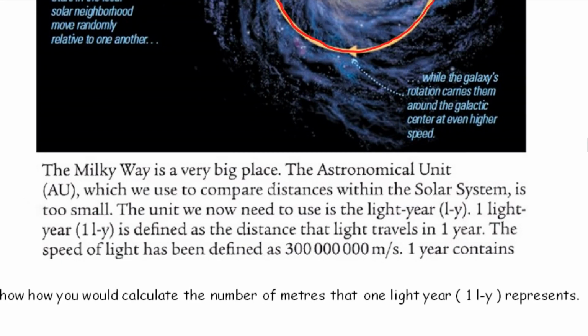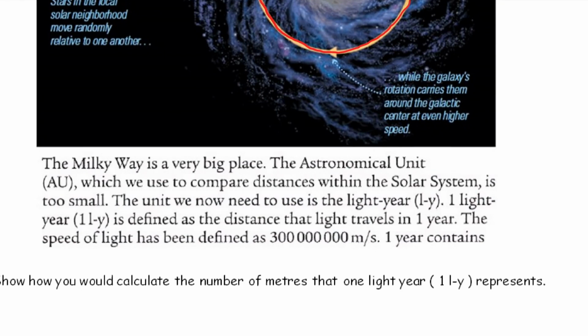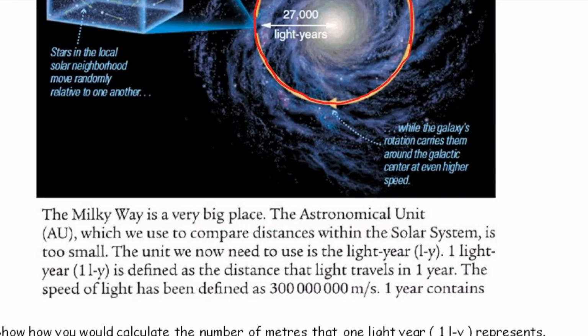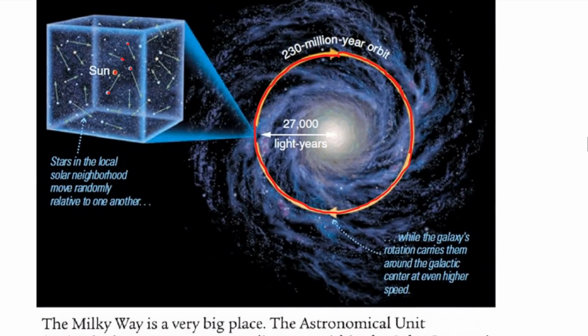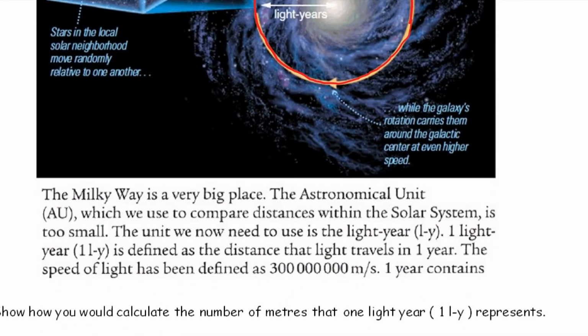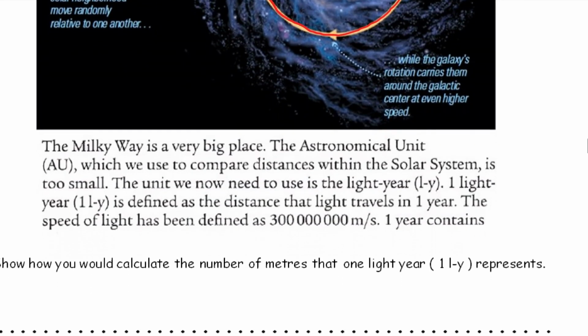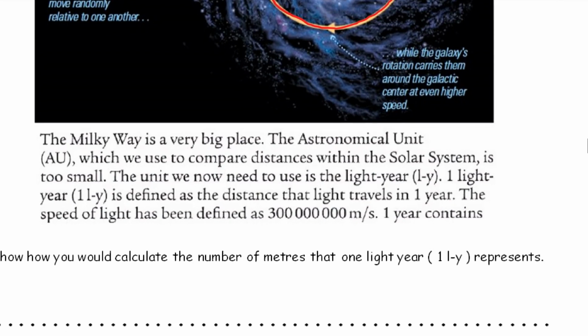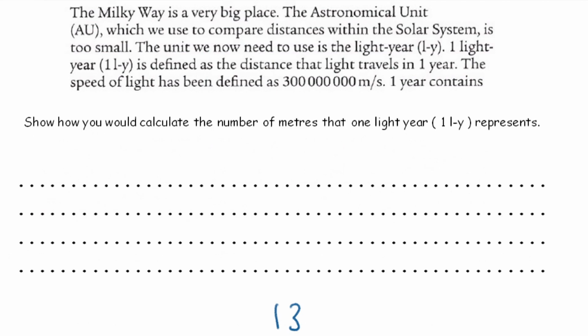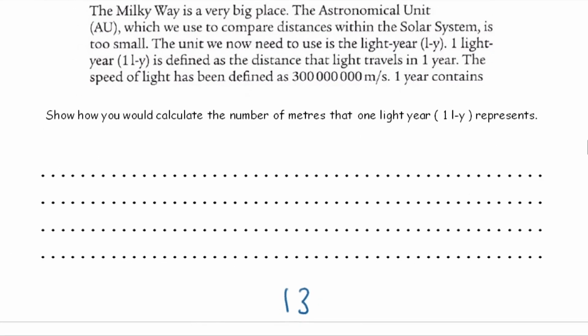The astronomical unit which we use to compare distances within the solar system is too small. The unit we now need to use is the light year. 1 light year is defined as the distance light travels in 1 year. Again, we did this in lesson 1.